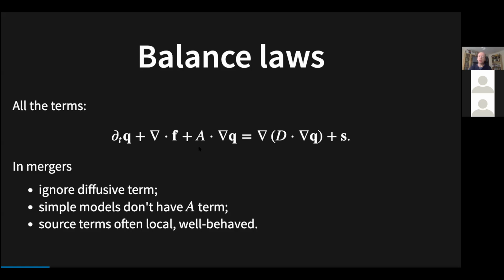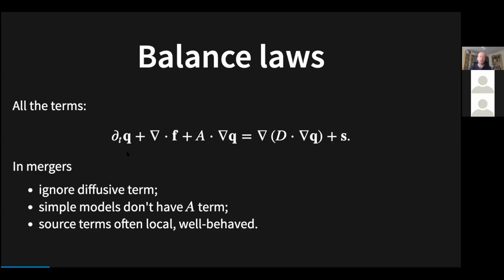If we're just dealing with single fluid hydrodynamics or single fluid magnetohydrodynamics, then we can write everything in conservation law form. So we can drop the A term as well. And finally, if we're not dealing with radiation transport, or if we're only looking at the simpler models of radiation transport, then all of the terms, the fluxes and the sources, can be assumed to depend on local operators.